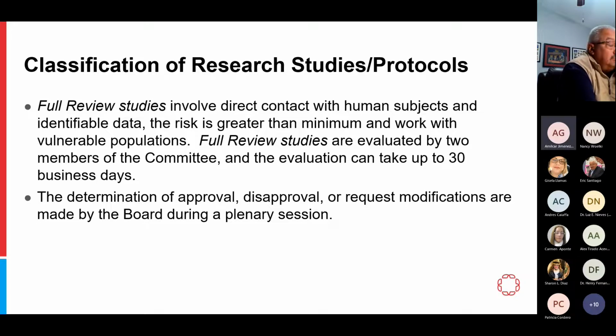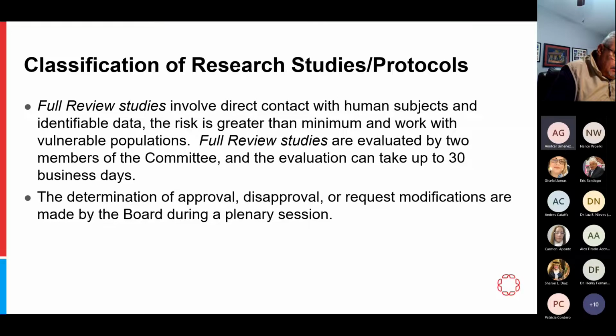Automatically that protocol is reclassified to expedited. When the second reviewer evaluates the protocol, they say, you know what, Amilcar, this should go to a full review. Once that protocol is classified as a full review, the process is completely different.